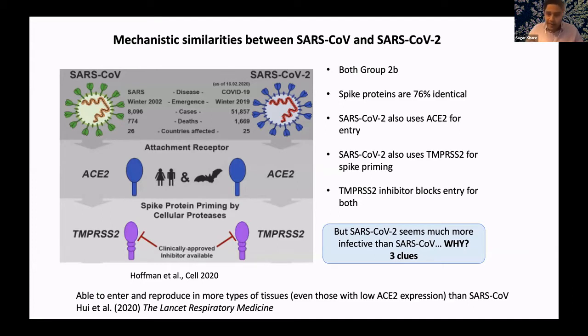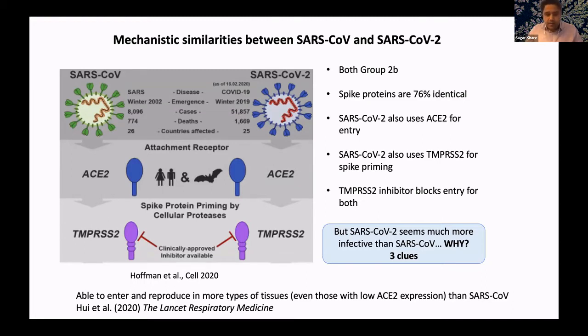That is reflected in the high identity between their spike proteins. The receptor that both of these proteins use for cell entry is ACE2. They also have this co-receptor, TMPRSS2. And yet, as we saw, SARS-CoV-2 seems to be much more infective than SARS-CoV.